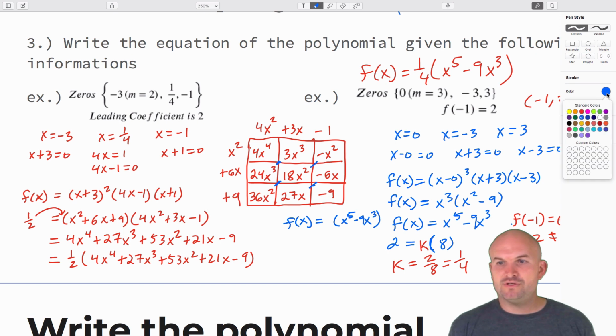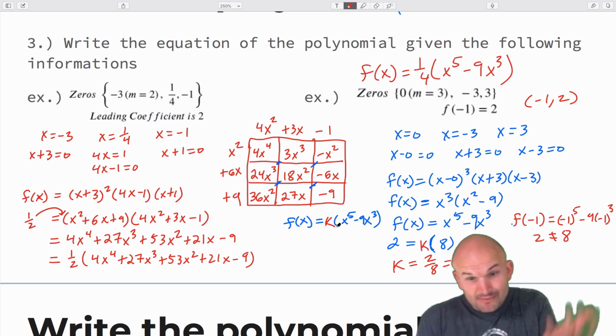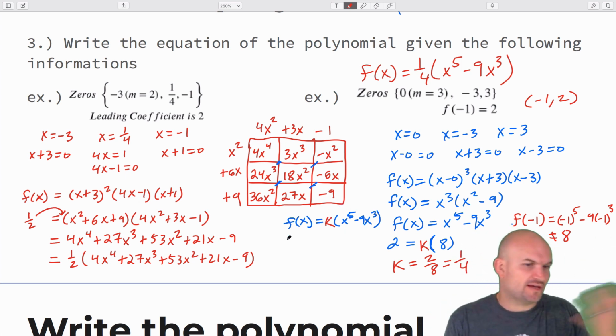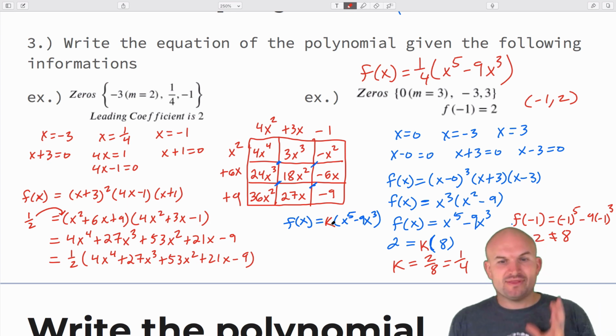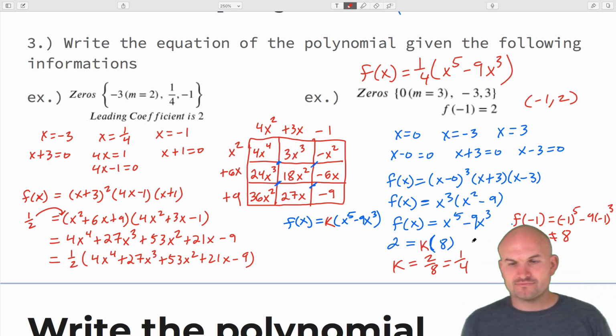And what we're going to want to do, though, is use a k here, because that's exactly what I'm trying to figure out. Again, I need to figure out some scalar, right? It doesn't matter what that number is. It could be 2, it could be 3, it could be 5, it could be a fraction. What is the number that I can multiply, though, that's going to make this equal to, when I plug in -1, I need it to equal 2, not 8. So I use k as this scalar, this unknown number.